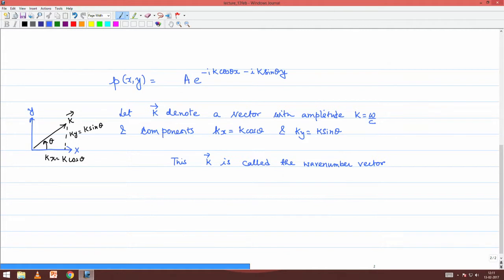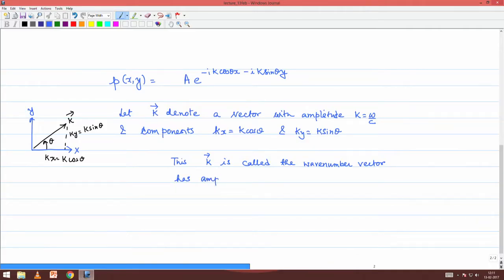But if we explicitly say that this is a vector, that means its magnitude remains the same, that of the wave number, but the direction associated with it is the same as the direction of travel of the wave.